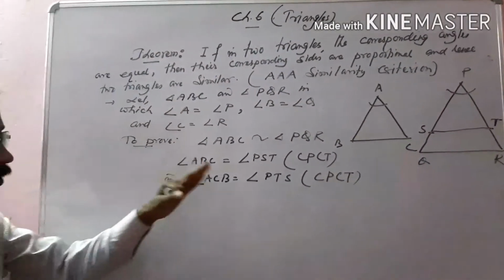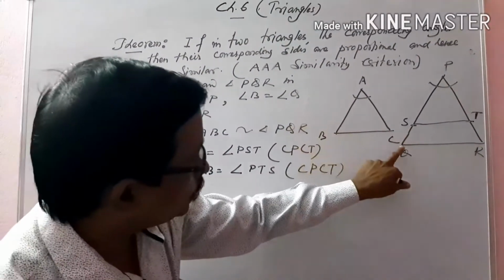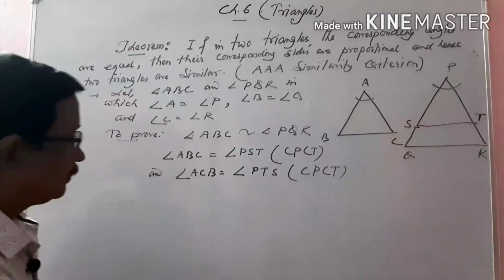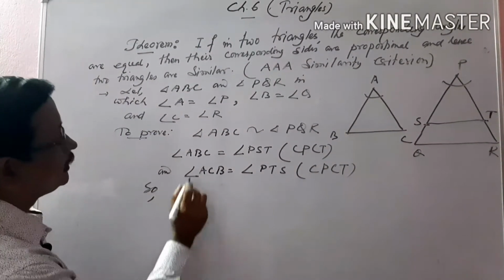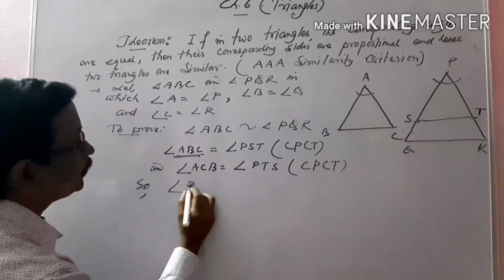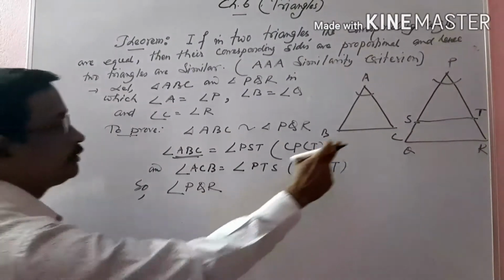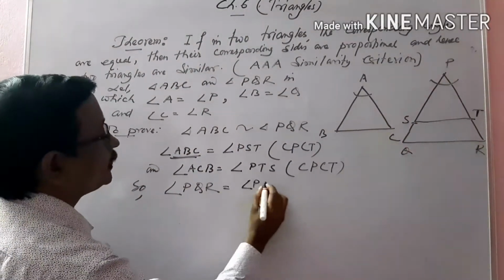Okay. Now, what is the meaning of this one? As ABC equal to PQR, then instead of ABC, we can write PQR equal to PST.